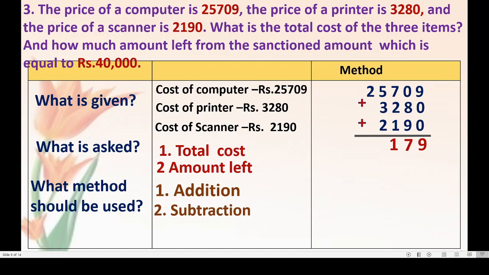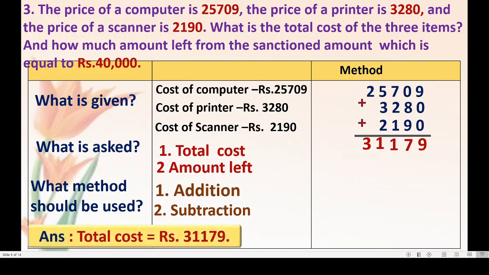Now 5 plus 3, that is 8. Then 2 plus 9 is 11, plus 1, that is 11. So 1 I will write here and 1 is carried over. So here 2 plus 1, that is nothing but 3. Yes, we will write the answer here. Total cost of 3 items is equal to rupees 31,179.